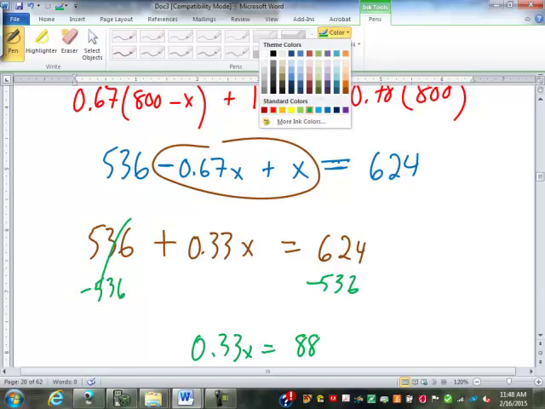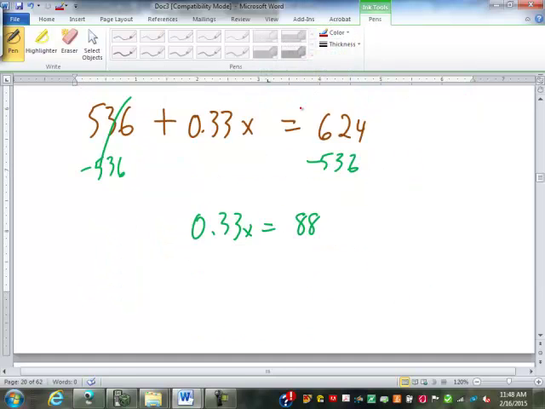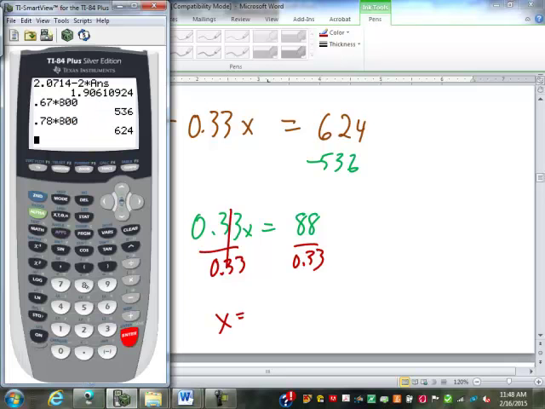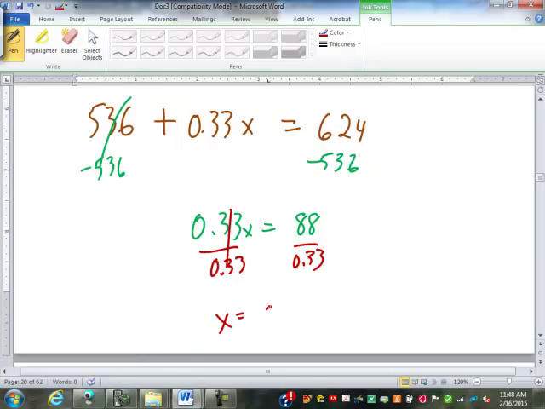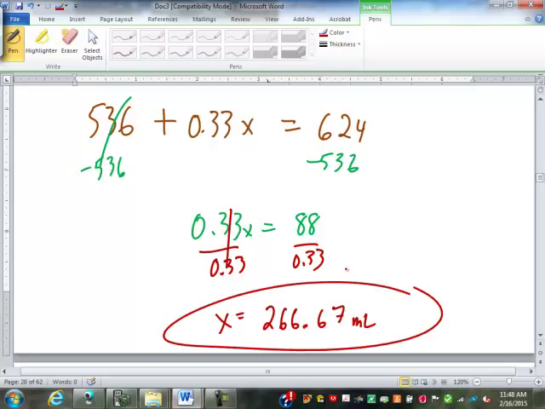And now we'll divide by 0.33. So X equals 88 divided by 0.33, which is going to be 266.67. So 266 and 2/3 milliliters need to be drained out and added back in.